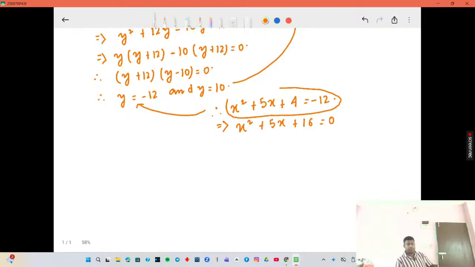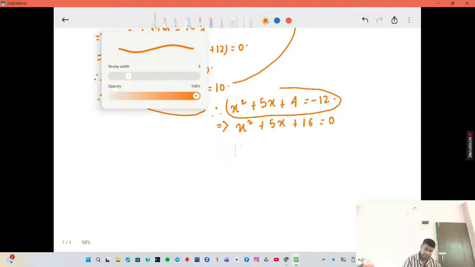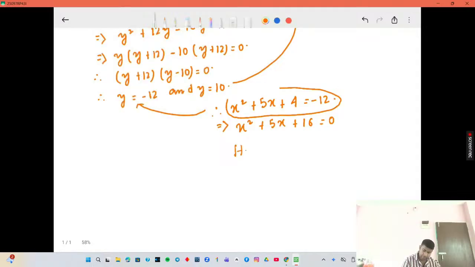Now how can we bring 5x? So now we will try to find out the discriminant. Here a is equal to 1, b is equal to 5, and c is equal to 16.